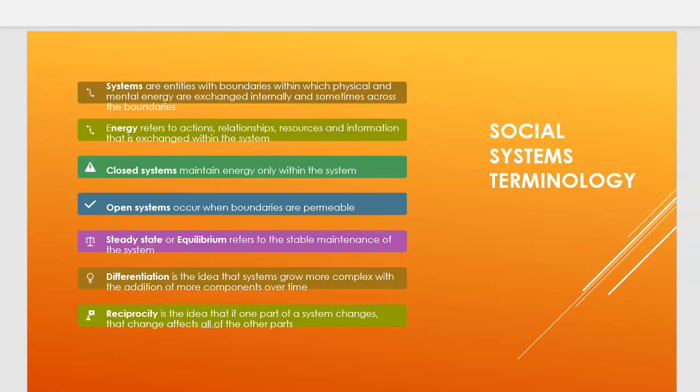And reciprocity is also applicable to the way that the person in environment has an impact on the social environment, and the social environment also impacts upon the individual. So if you think about the social context and ways that reciprocity plays itself out, you can think of the opportunities that are present in the social environment.